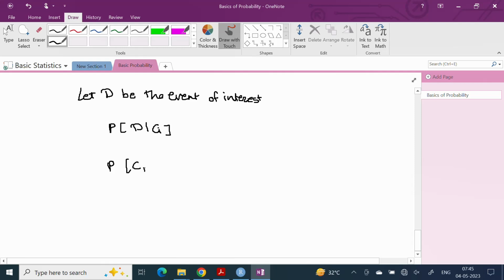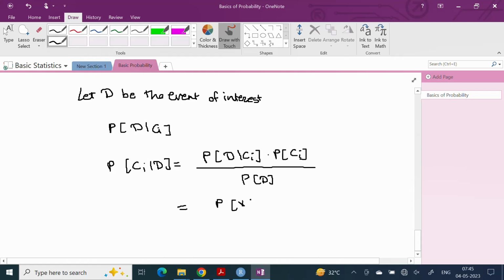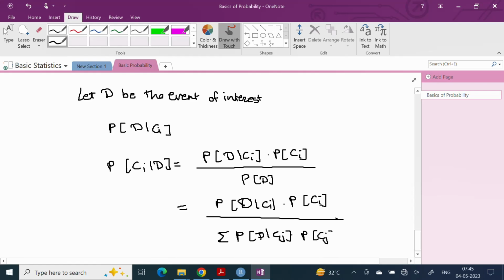Using that we compute probability of Ci given D as probability of D given Ci into probability of Ci divided by probability of D. This probability in the denominator is basically a sum of similar terms: probability of D given Cj into probability of Cj. This denominator comes from the law of total probability. Okay, we add all similar terms here.